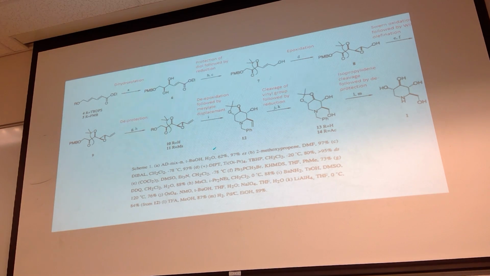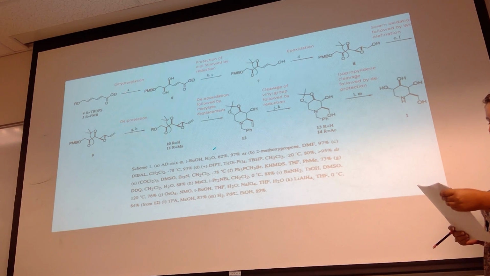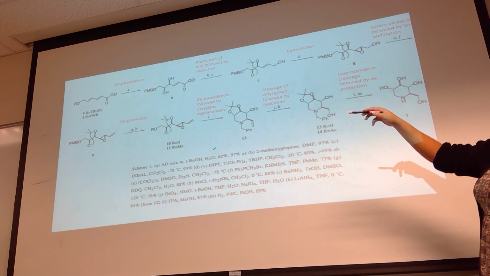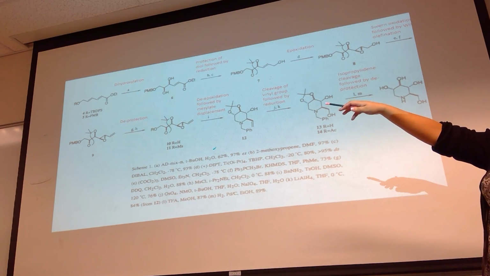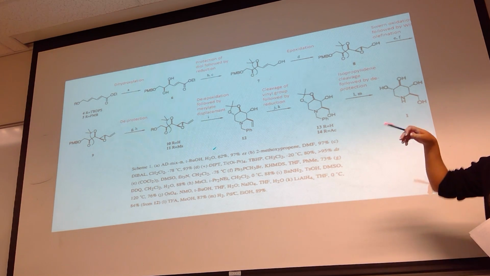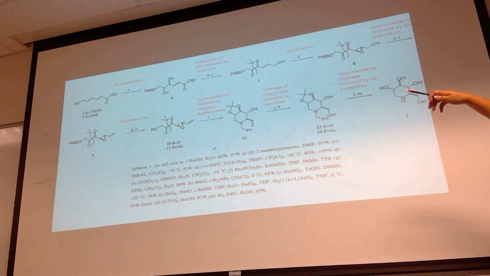This also gave some problems, because when they attempted to dihydroxylate the silyl ether, it returned the starting material and didn't give any of the expected diol. So they decided to go with 5, which adds the PMB on the R group. This was able to dihydroxylate and move on to 6.